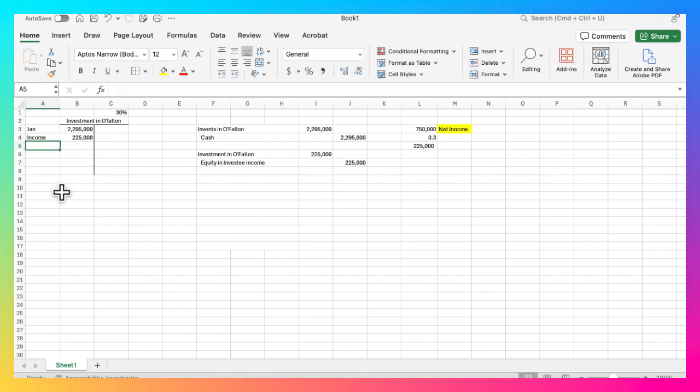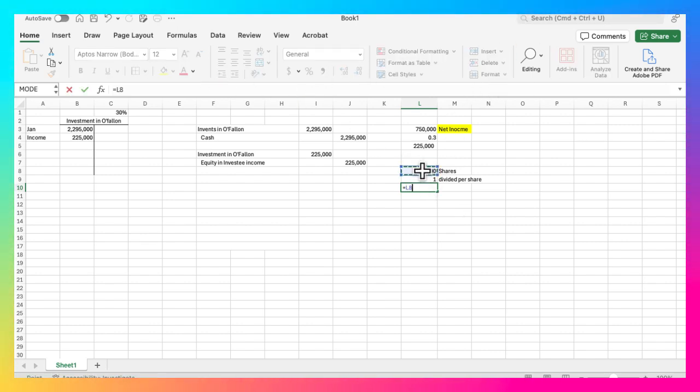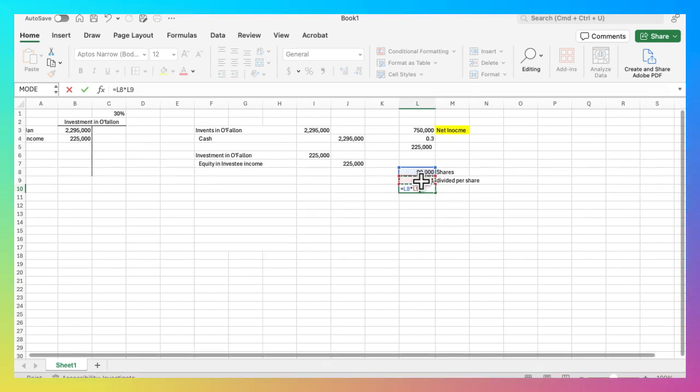Okay. Now, the next thing they tell us is that they declare a dividend. Specifically, they declare a $1 dividend per share. Well, we have 90,000 shares. So when we run the numbers, our dividend that we are entitled to is $90,000.